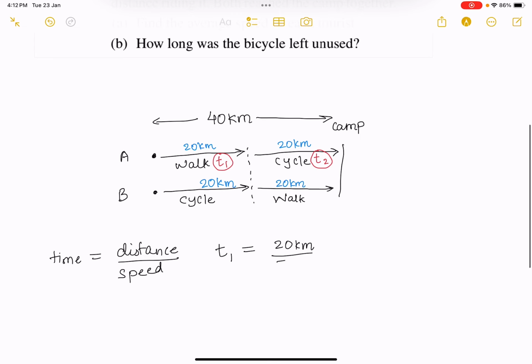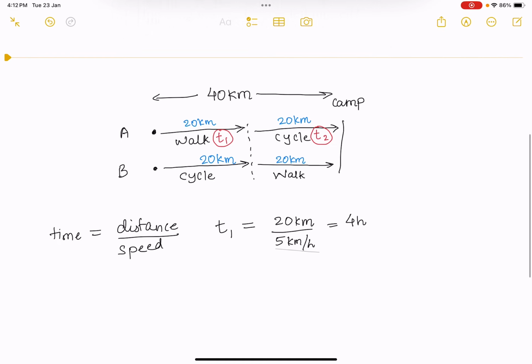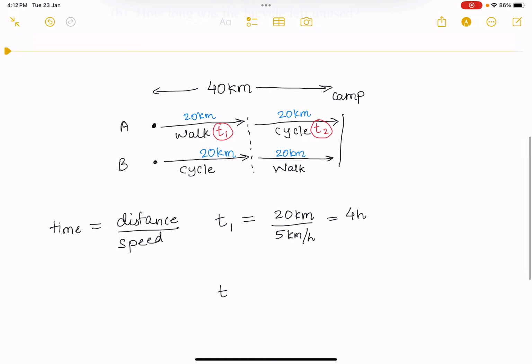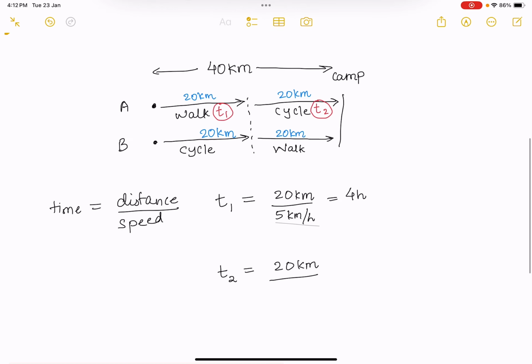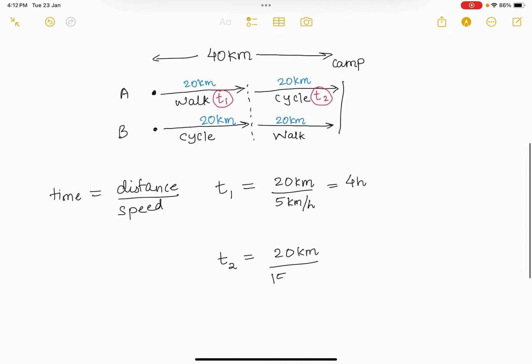That gives you the time for the first part as 4 hours. While cycling, the distance traveled is 20 kilometers and the speed is 15 kilometers per hour. So this will just become 4 by 3 hours.